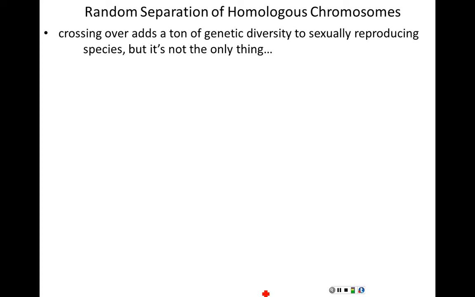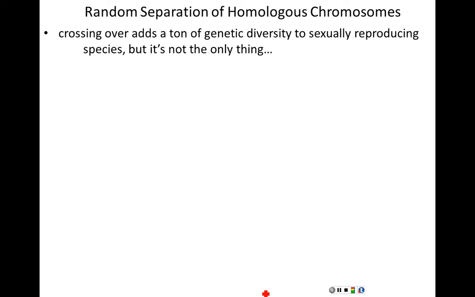We have something called random separation, or more commonly referred to as independent assortment, that gives us genetic variability as well. I emphasize independent assortment now because independent assortment is going to play a huge role in the more complicated stages of Mendelian genetics that we'll touch on in a few weeks.